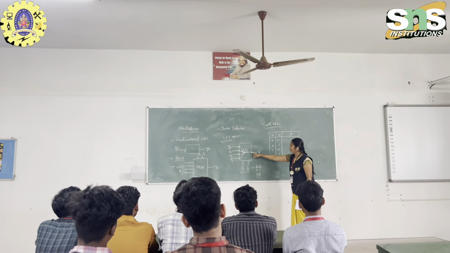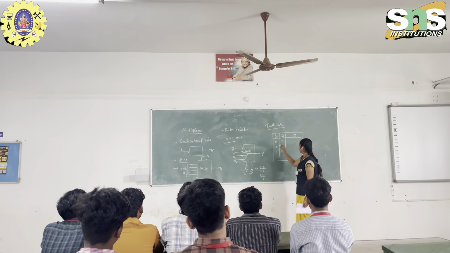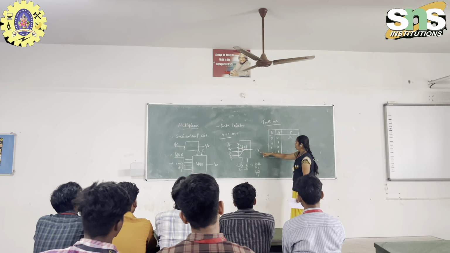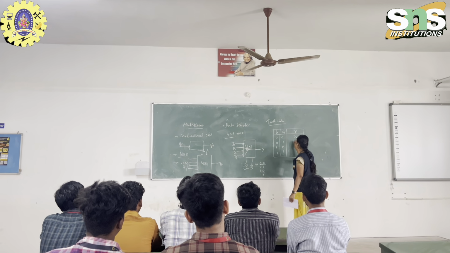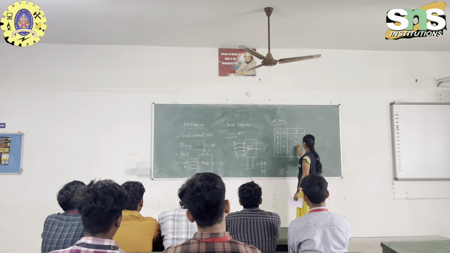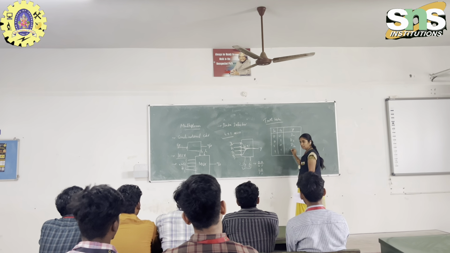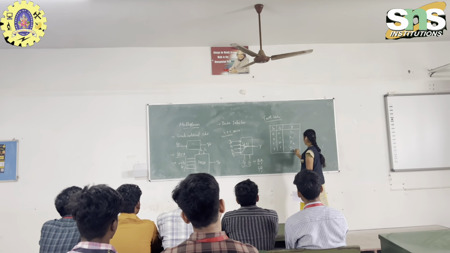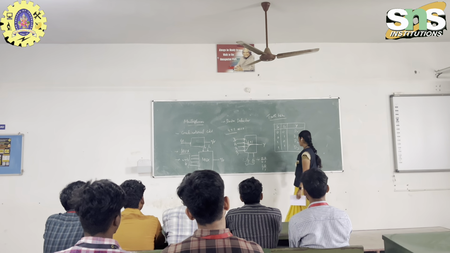For 00, what will be the output? D0 will be the output. For 01, D1. For 10, D2. For 11, D3. So this is the truth table.